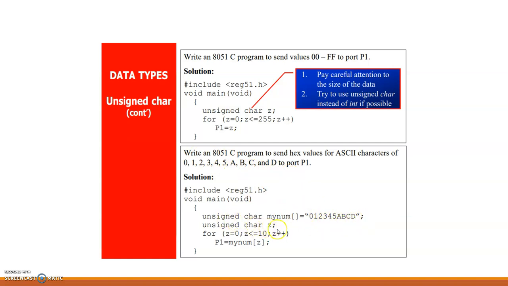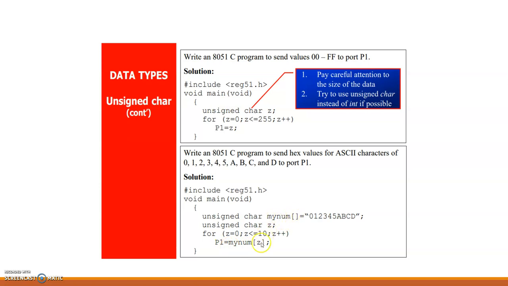Then an unsigned char z, and in the loop we go from 0 to 10 numbers. The array length is 10, so there are 10 numbers in the array. The value of z starts from 0 until 10, the loop is executed, and P1, that is port 1, is set equal to mynum[z].